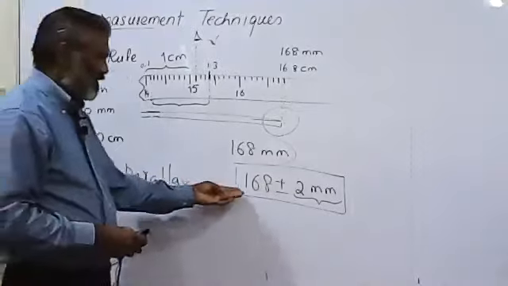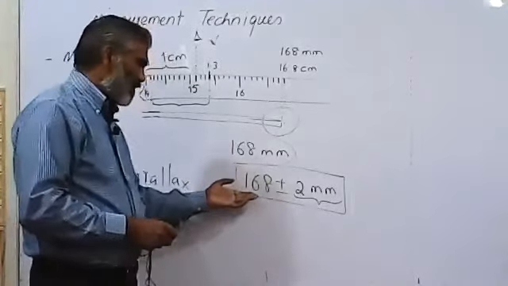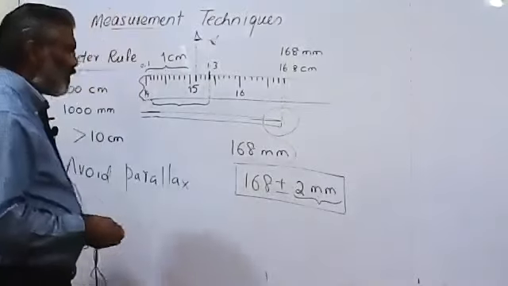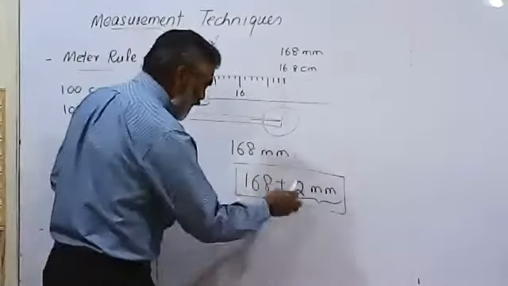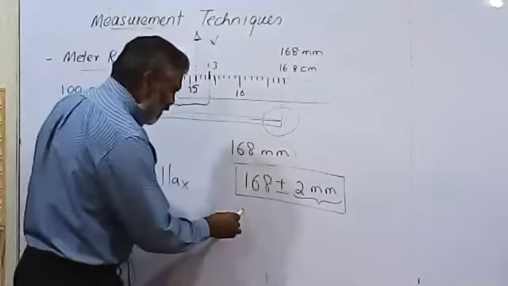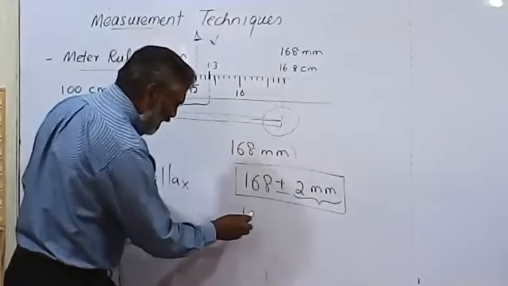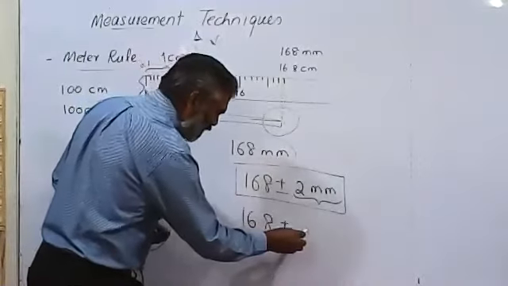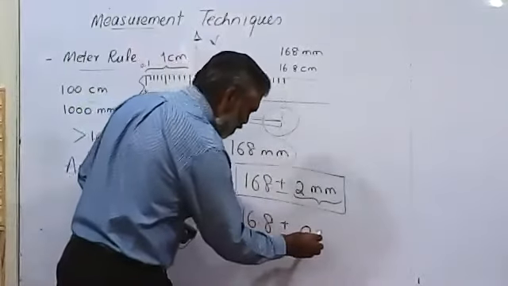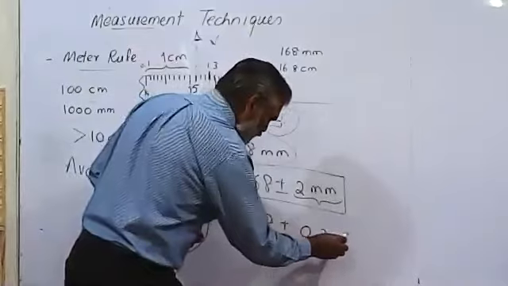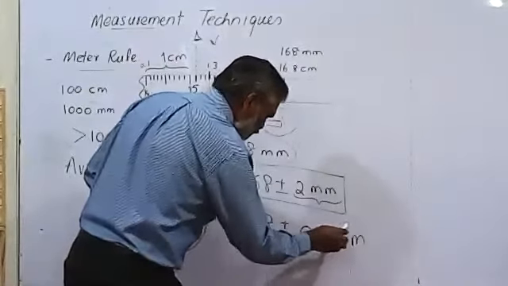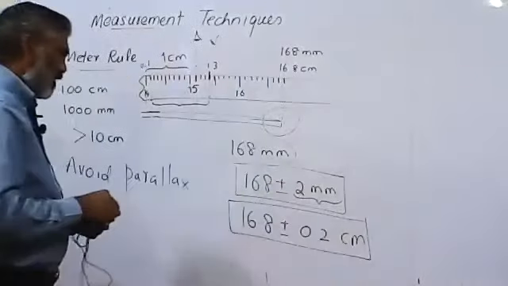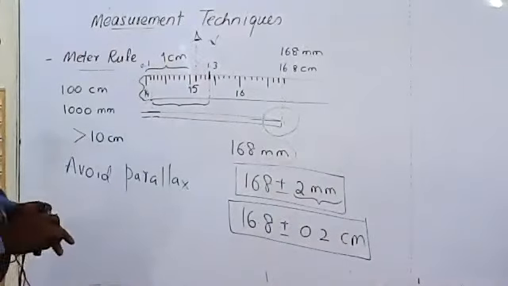So if it is 16.8 centimeter or 168 millimeter, there is a doubt of 2 millimeter. I can change this in centimeter as well. I can express it as 16.8 plus minus 0.2 centimeters. So this is same, just a different scale to say the same reading.